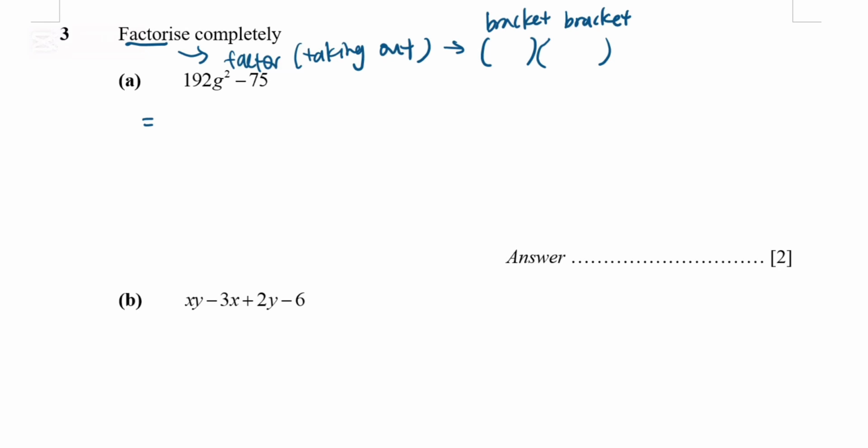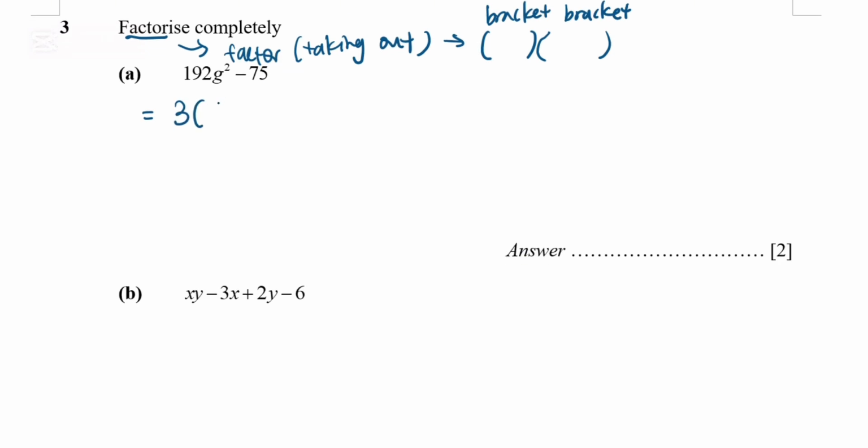So first, before I can start the bracket, maybe what I want to do is take out any common factors. And here I have 192 divided by 3 is 64 g squared, and if I divide 75 by 3, it would be 25. In other words, I will get 64g squared minus 25. Do you notice something about these two things? This is a square and this is also a square.